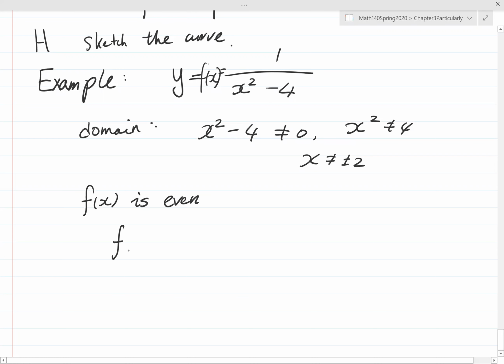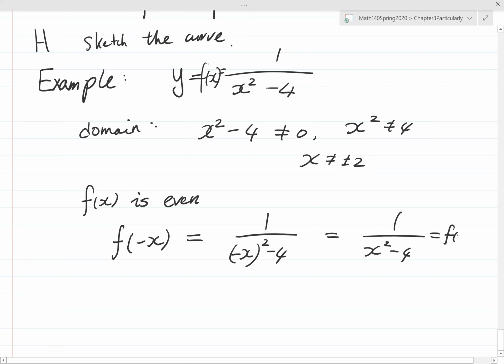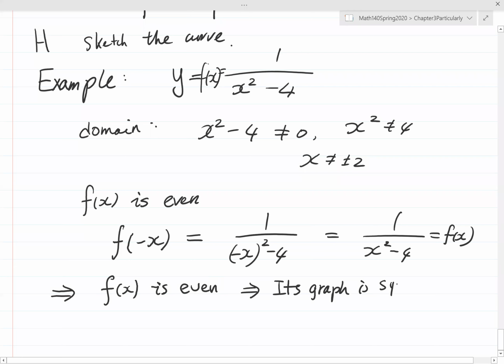If we plug in negative x, we get 1 over negative x squared minus 4, which is the same thing as when we plug in x. So in this case f(x) is even, so it's symmetric with respect to the y axis. So its graph is symmetric with respect to the y axis.